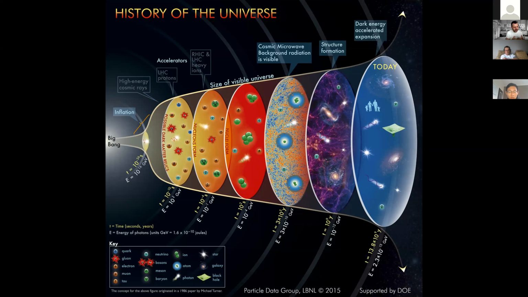There was a period where the universe underwent a rapid burst of expansion in the very early periods, known as inflation. And we know that the universe came out of that state being very hot and very dense. So we had all the fundamental particles buzzing around. They were bathed in a large amount of radiation.